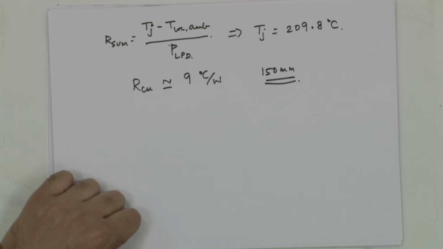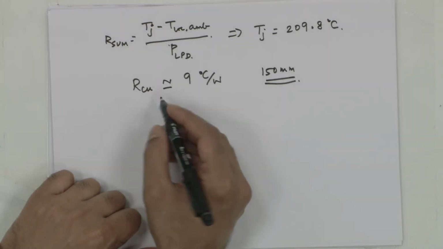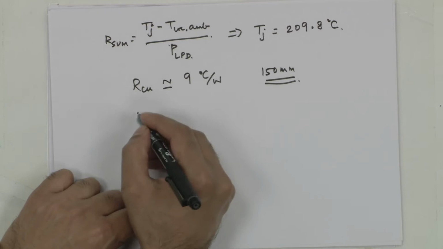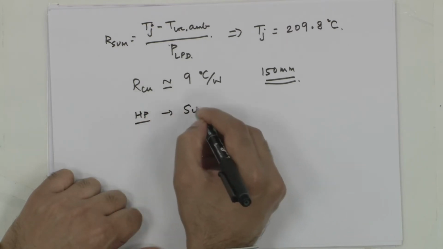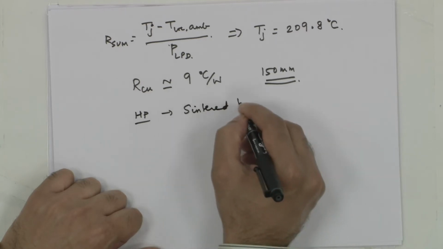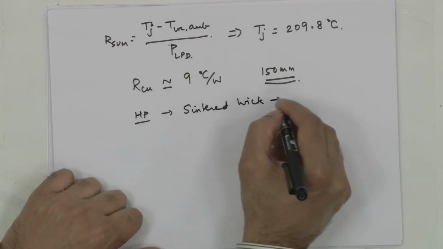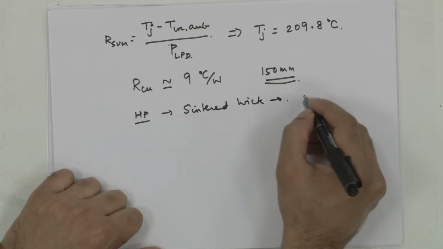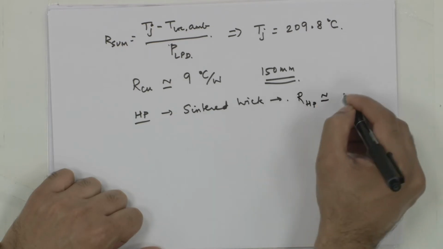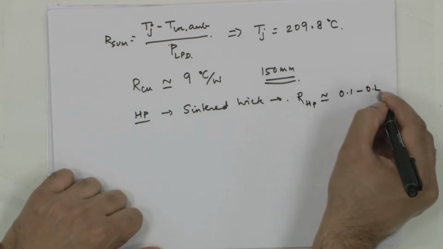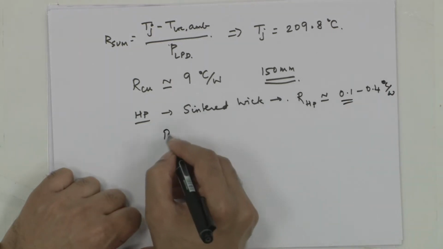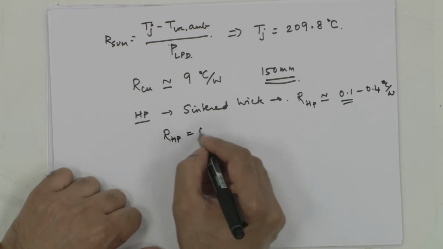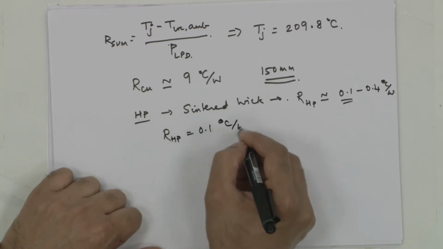And if one tests all these heat pipe thermal resistances, if it is a sintered wick, then their overall heat pipe resistance turns out to be in the range of 0.1 to 0.4 degree C per watt, and in this case we pick a value of R of the heat pipe equal to 0.1 degree C per watt as a simple estimation.